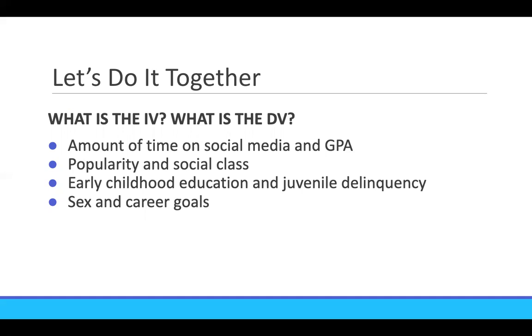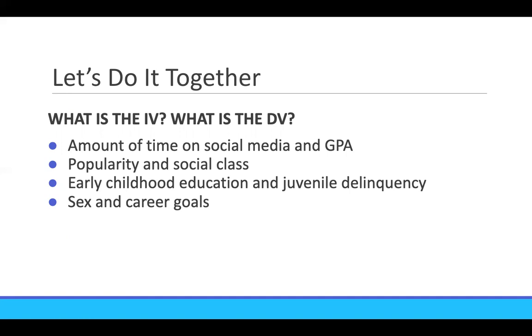So consider that first one, amount of time on social media and GPA. This is one of those where it depends on what you're arguing. If what you're arguing is that the amount of time someone spends on social media influences their GPA, then the amount of time on social media is the independent variable, and GPA is the dependent variable.